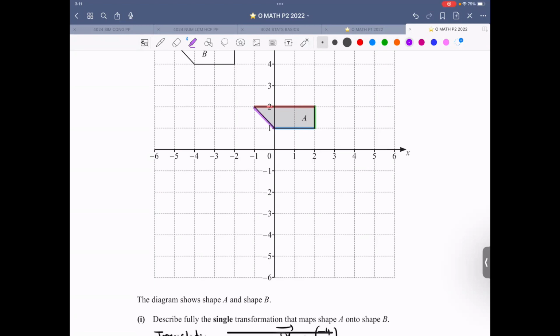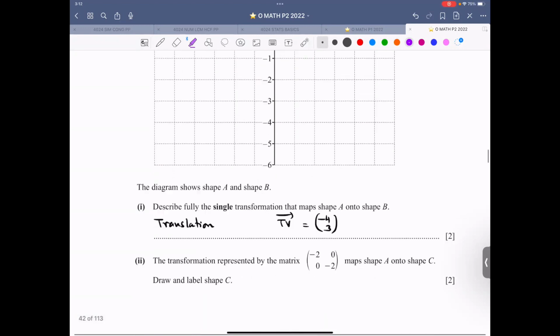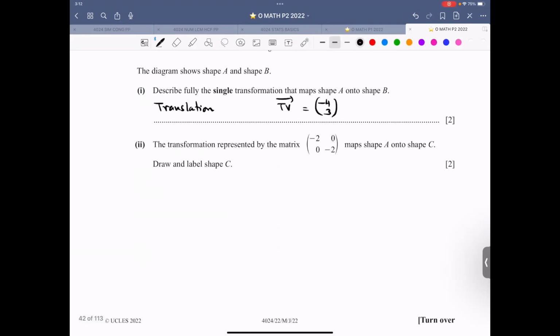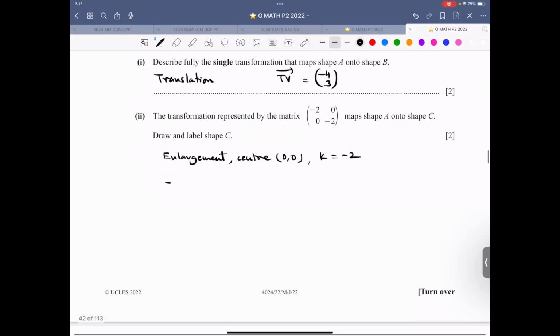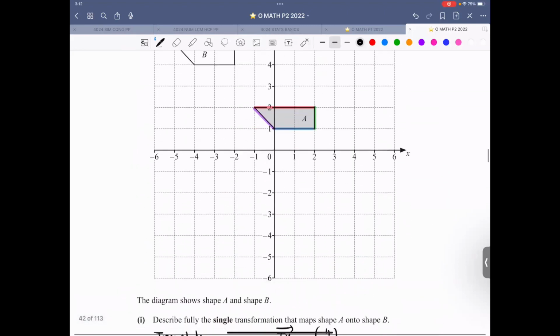So if I do the calculation, which is simple, what you call enlargement. So this is basically an enlargement. They're not asking this, but I'm writing it. Enlargement, center origin, because that is why we're using a matrix, and scale factor is negative 2. So minus 2, 0, 0, minus 2. Just multiply with the coordinates.